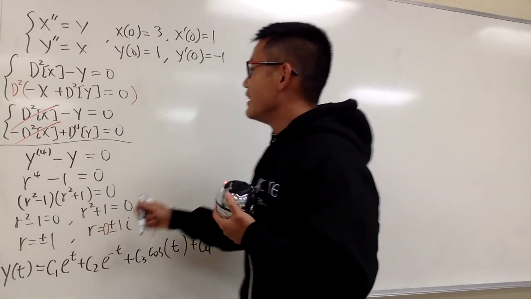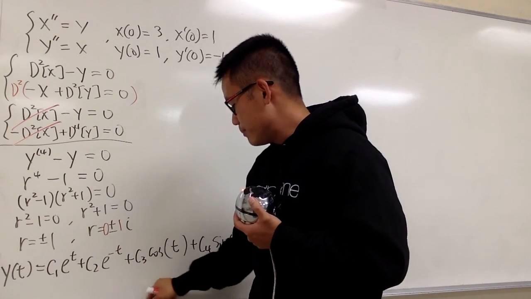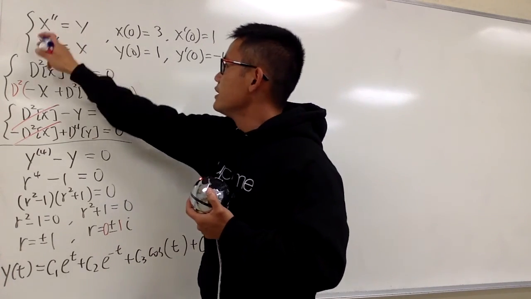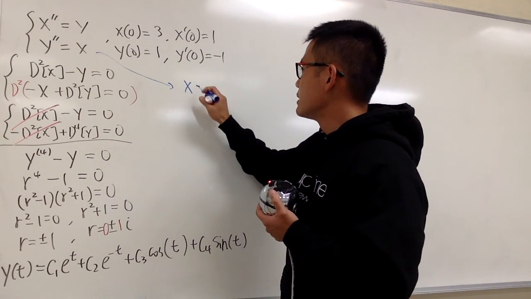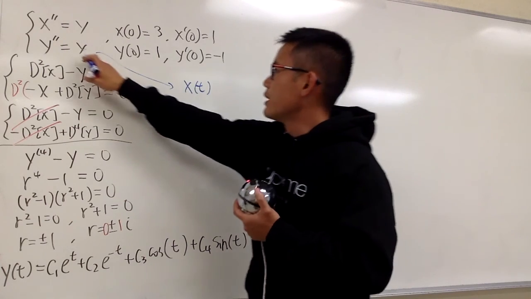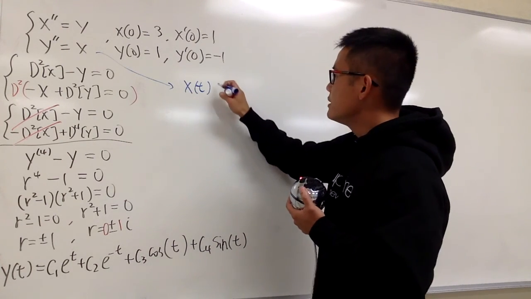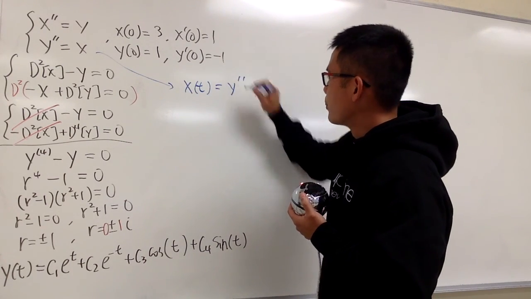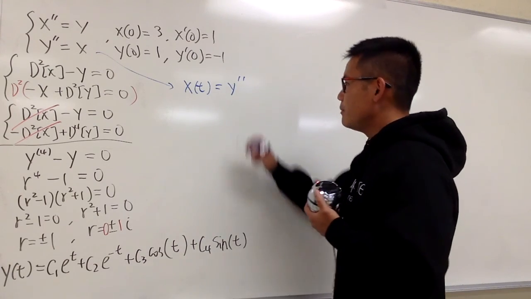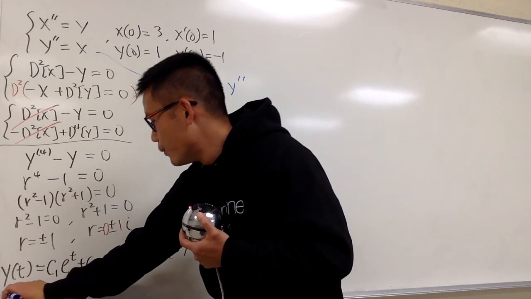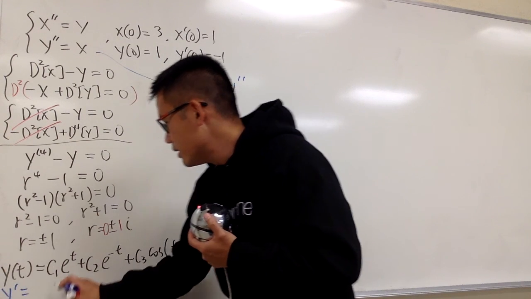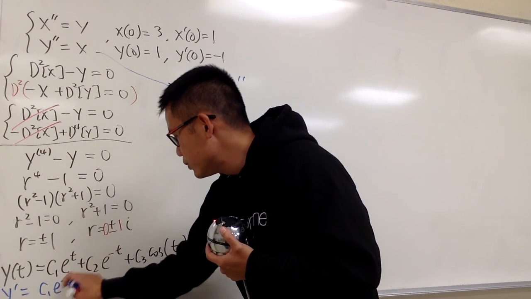I'm going to utilize this. It's easier, right? So let me put this down in blue. From this one, I know x as a function of t. This is going to be y double prime, isn't it? Y prime is going to be this one, c1 e to the t.